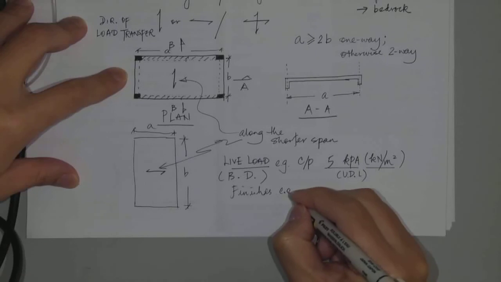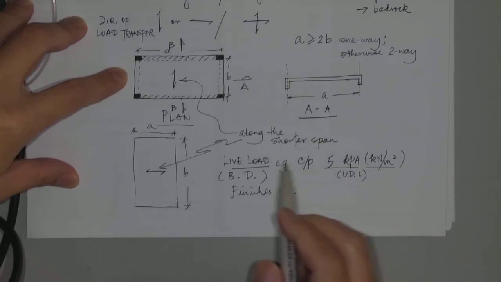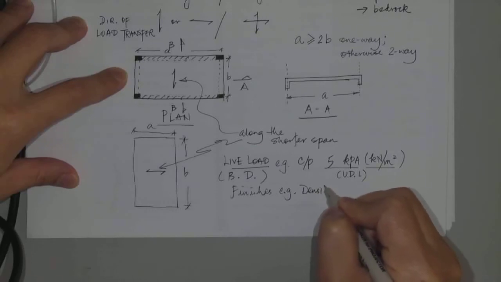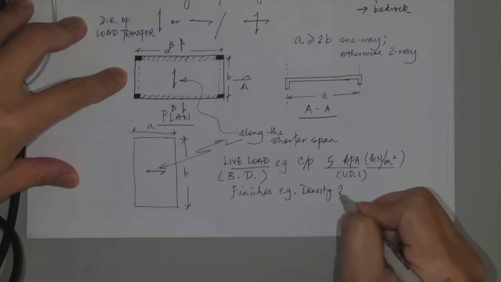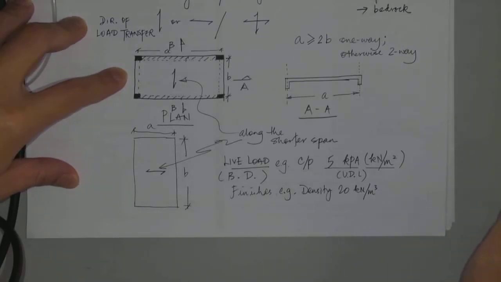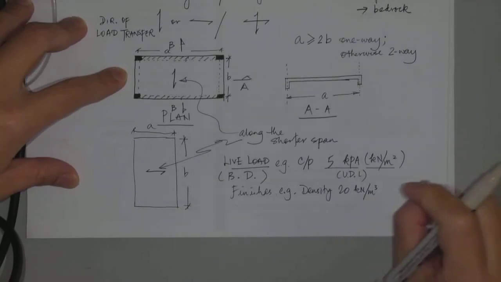So let's say if you're going to apply some finishes with density, whatever, 20 kilonewton per meter cube, some heavy thing you could apply as finishes. And then you also need to specify the thickness.